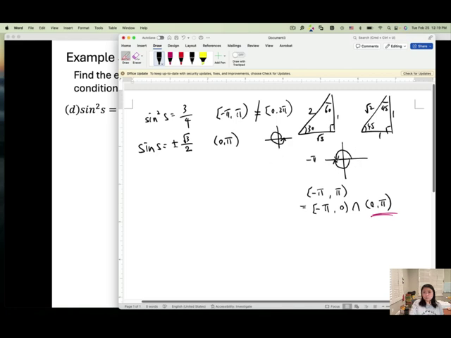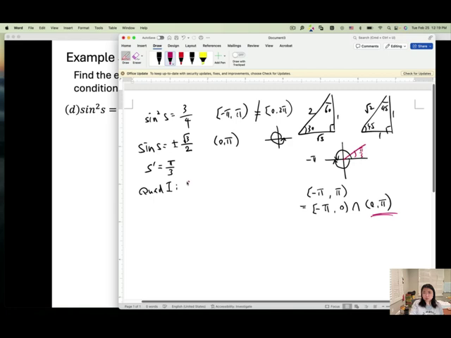From 0 to pi, this is talking about quadrant 1 and quadrant 2. So the reference angle, for square root 3 over 2, sine, that'll be 60 degrees, so pi over 3. Okay, quadrant 1, that will be here.